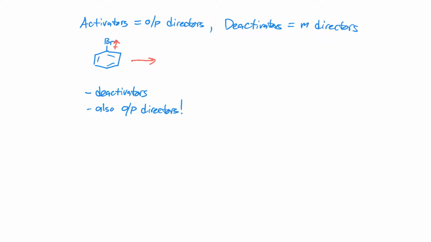And in this case, I will use a generic chloride as my electrophile. And I'm going to put the chloride on the para position.